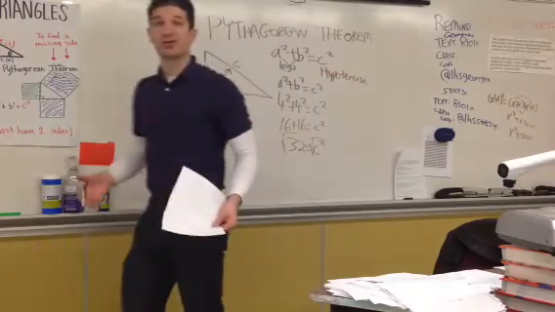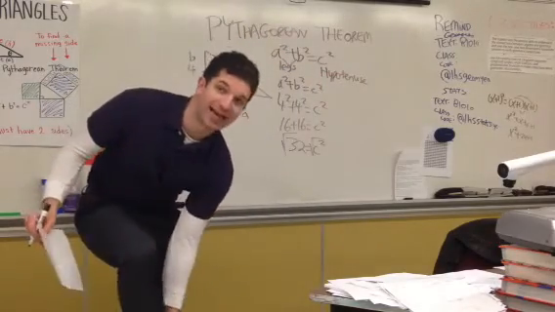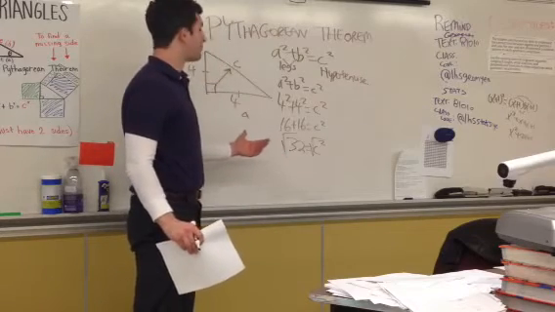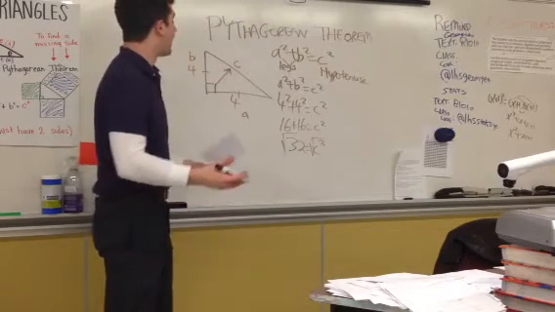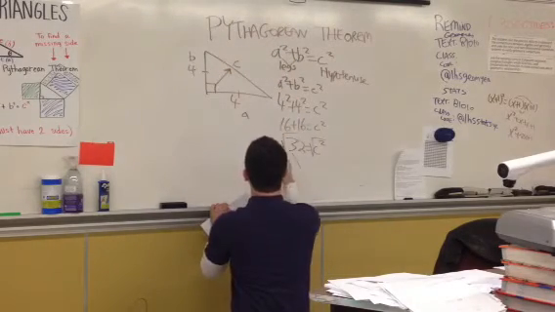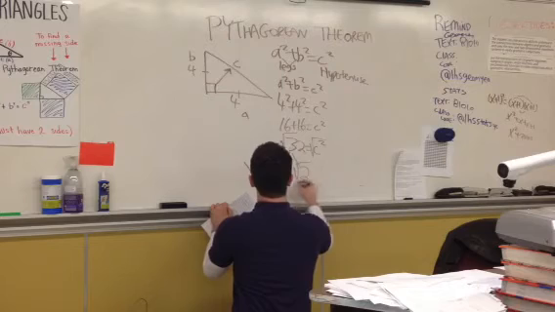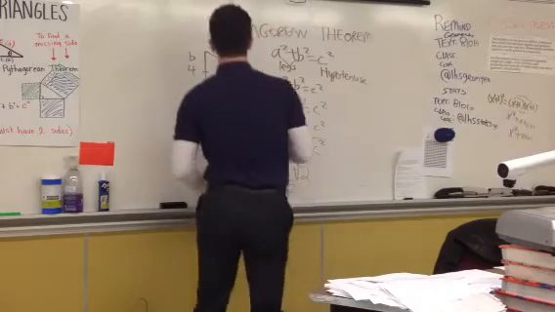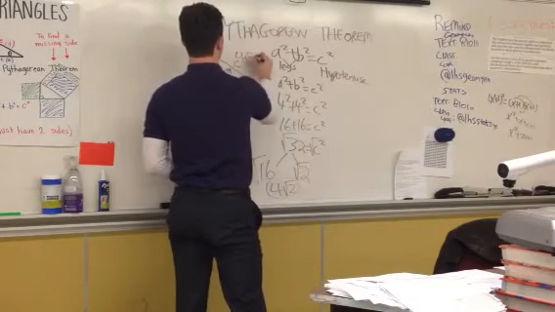Okay, so I don't know the square root of 32, but I'm going to be asked to write this in simplest radical form. So if I remember what my perfect squares are, I can pull out just a 16 from here. So this is the square root of 16 times the square root of 2. The square root of 16 is simply 4. So this is 4 square root 2. So the value of my hypotenuse here is 4 square root 2.